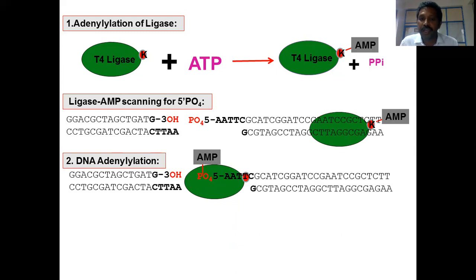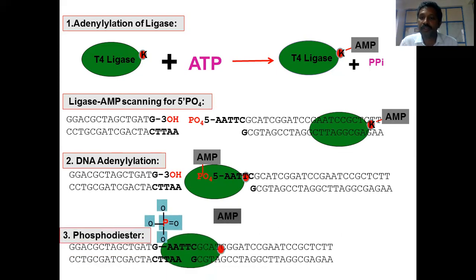If it is available, then this ligase molecule establishes the phosphodiester bond between the 3' OH and 5' phosphate, and the nick is sealed. You can see phosphodiester bond formation, and the AMP molecule is released. This is one nick sealing. The other nick is there. Again, the same kind of reaction is required to establish one more phosphodiester bond in the other strand.